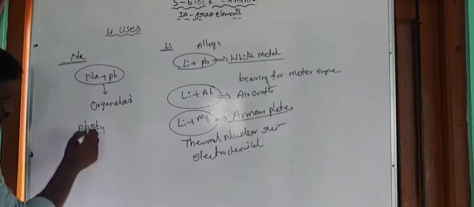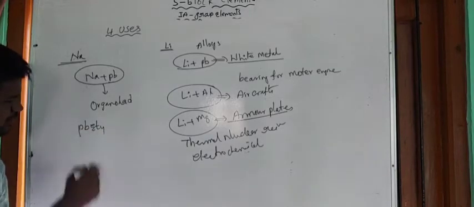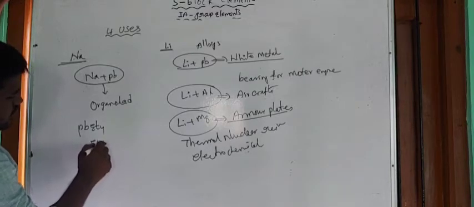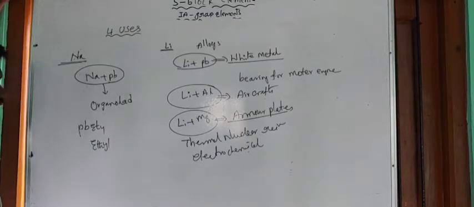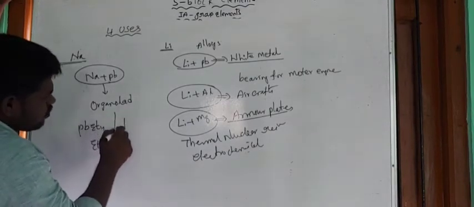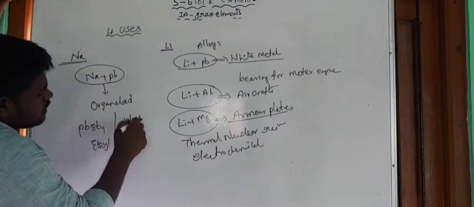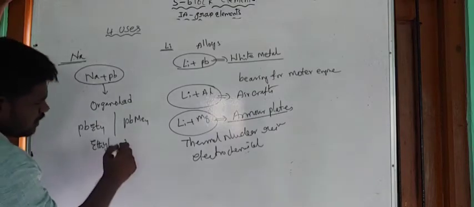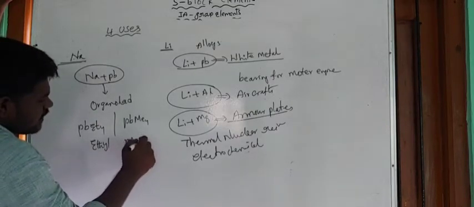PbEt4 means tetraethyl lead. Et means ethyl symbol. And one more, PbMe4, tetramethyl lead. Me means methyl.